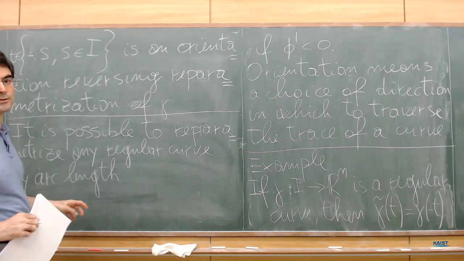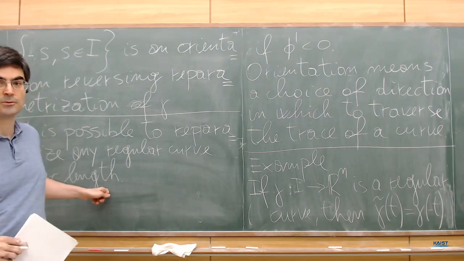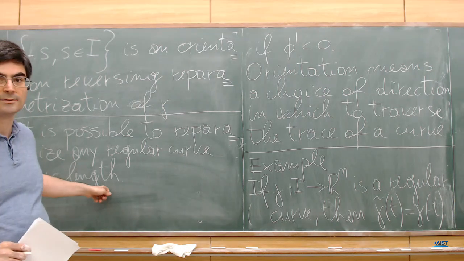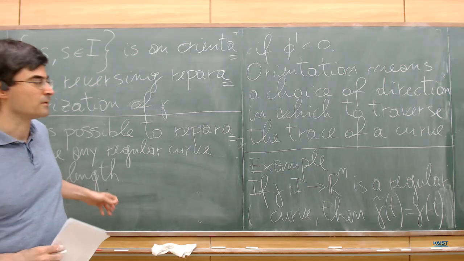And this means that the length of the vector gamma prime is equal to 1 for any t in the interval of definition.